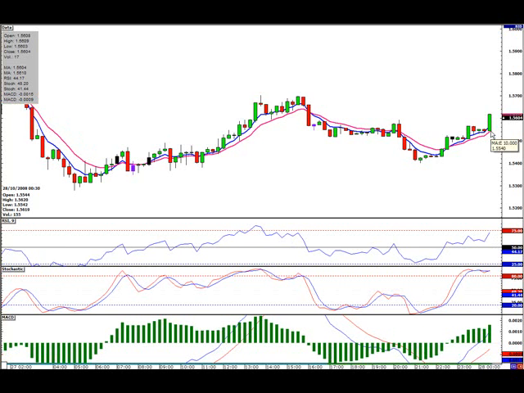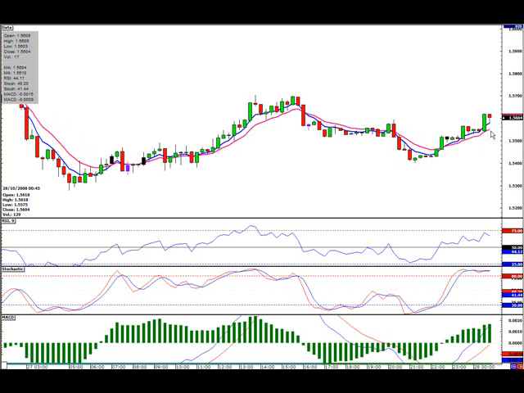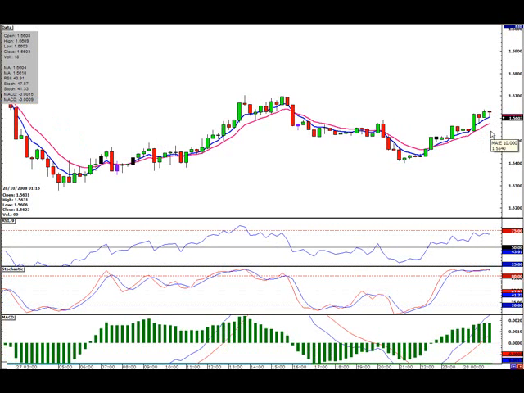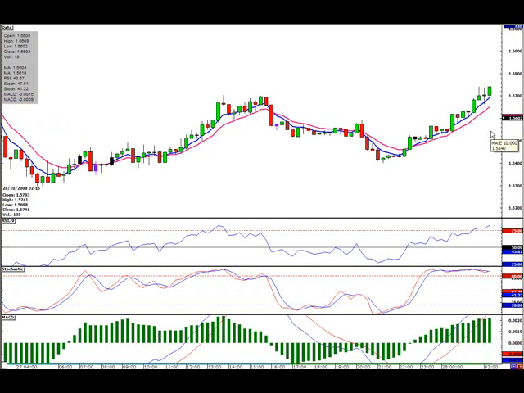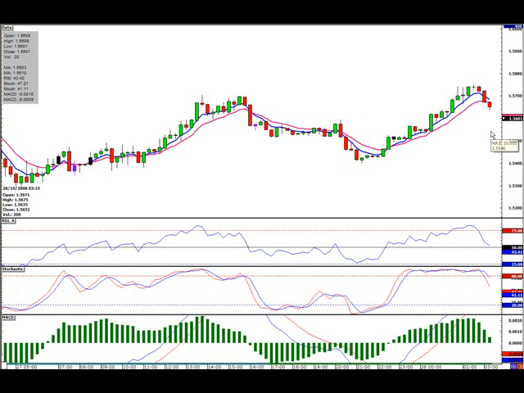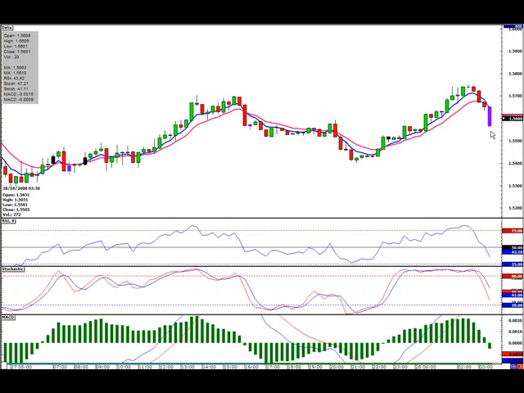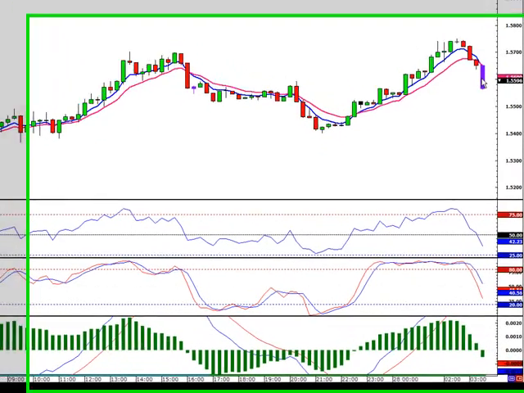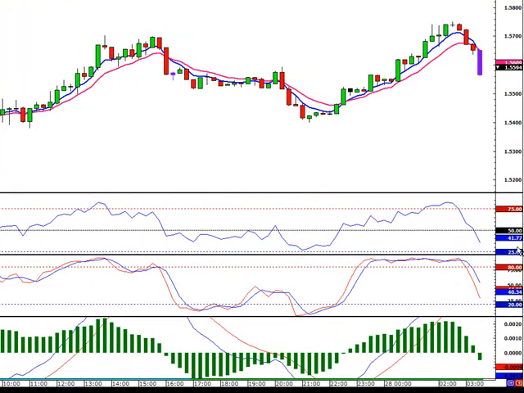Now we're looking for only short trades, and you can see some upward movement here, so I'm paying close attention to my chart because at any time we could see a crossover for a short trade. This momentum is moving up, and I'm just looking for momentum to shift back down. Here I'm looking even closer, and we do get a nice movement and a crossover. Now we look at our indicators to see if they line up.